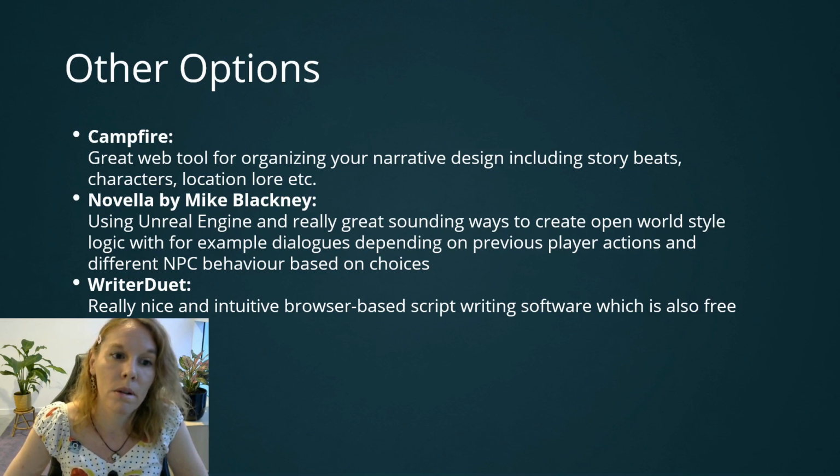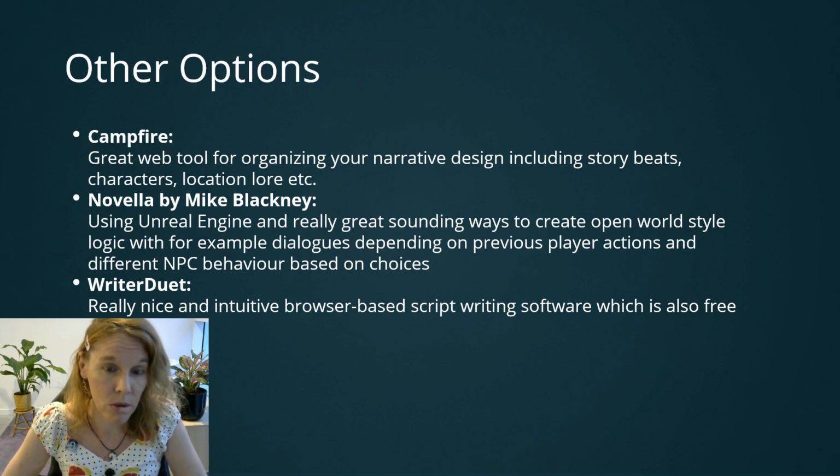For example, it might be really cool to use as a wiki for the whole team to look up character relationships or the story itself, or let's say for an artist who wants to visually design a character, they might be able to find out more about this character inside of this tool.